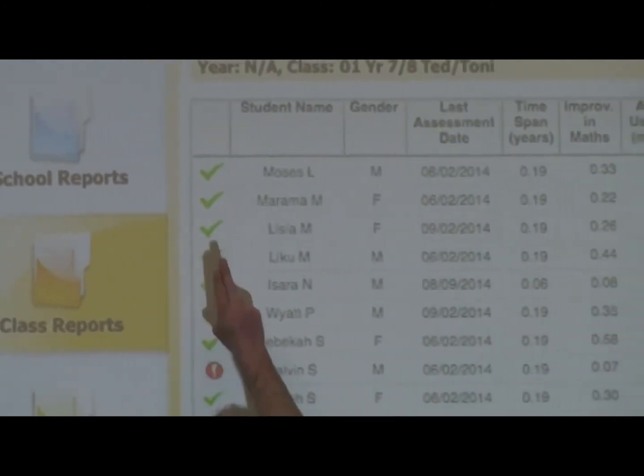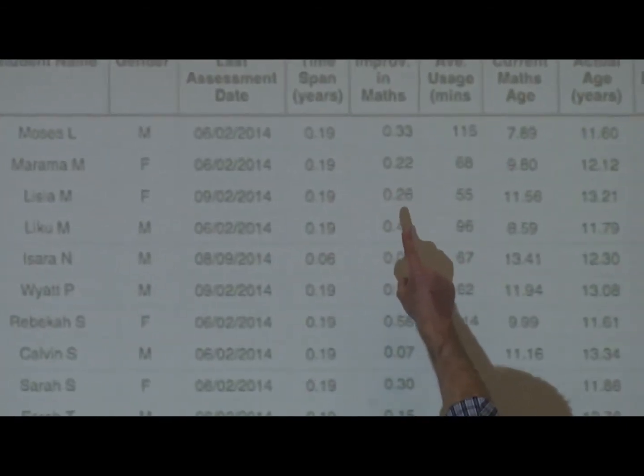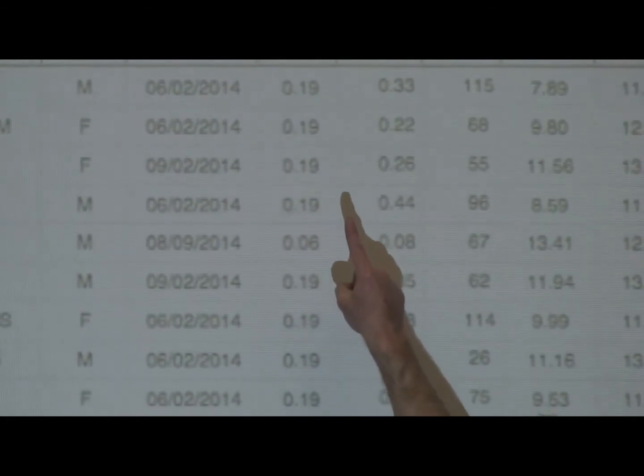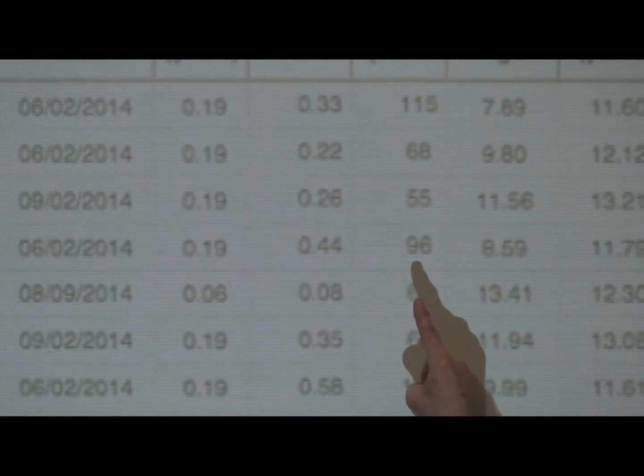There's him, tick, and tick. Let's actually compare the results. So Moses is almost doubling. That's the expected growth. So he got 0.19 years older over this time, but he's actually grown 0.33 in terms of the program. So he's almost doubled it.